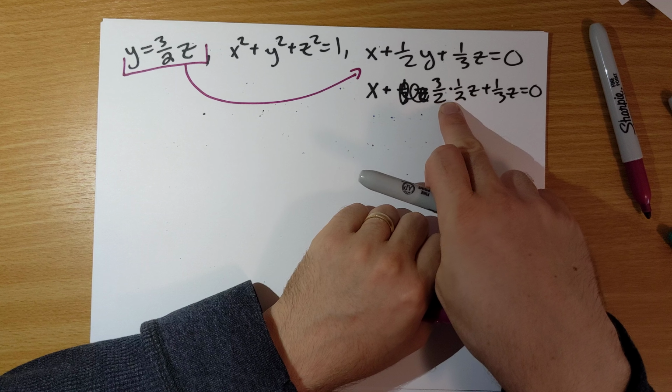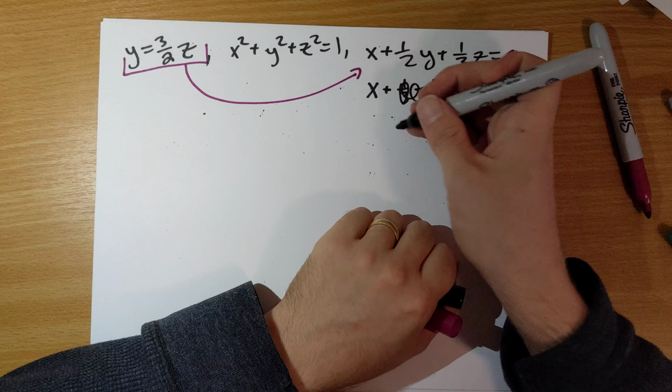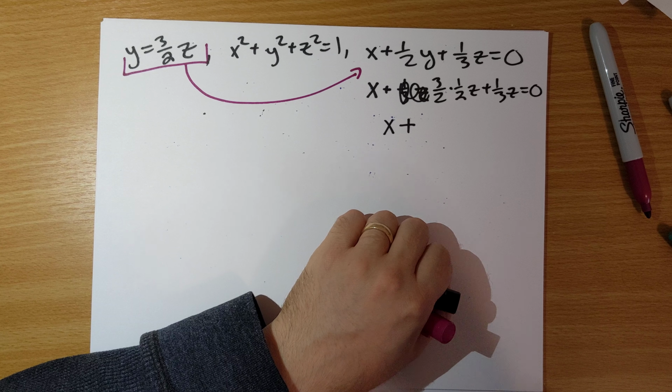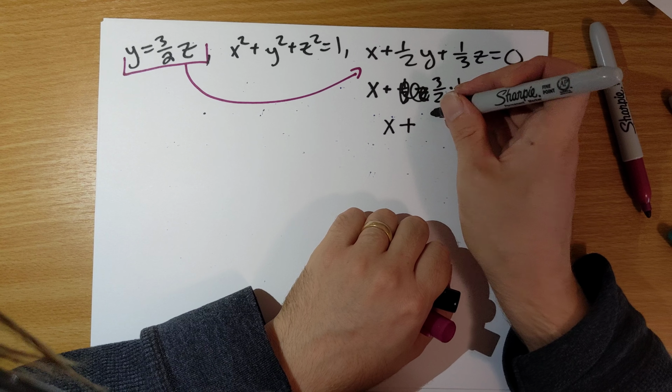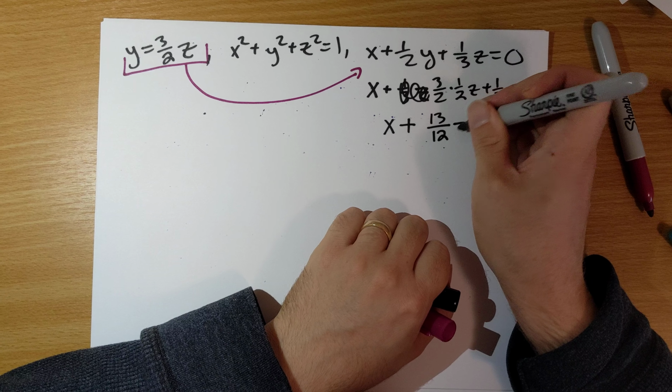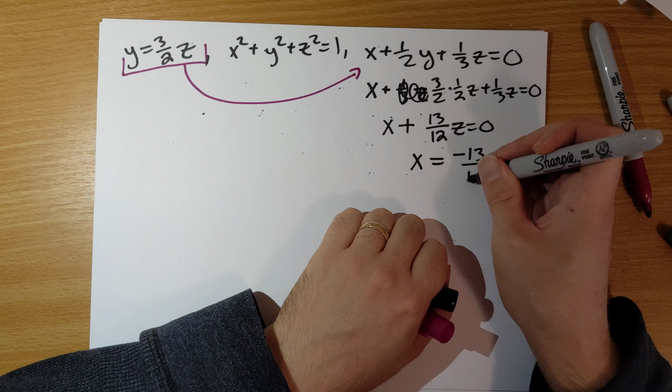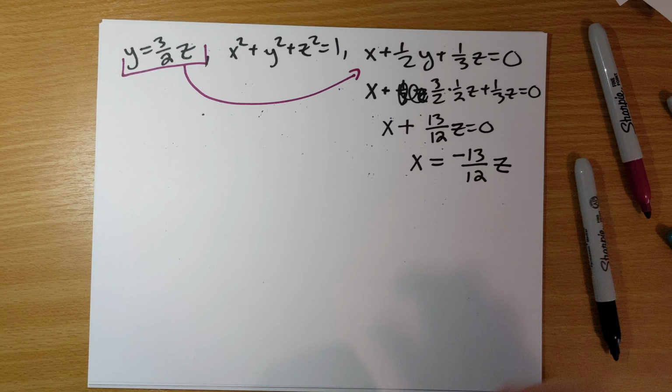And so this is 3/4 z plus 1/3 z. That ends up as 13/12 z is equal to 0. So x is equal to negative 13/12 z.